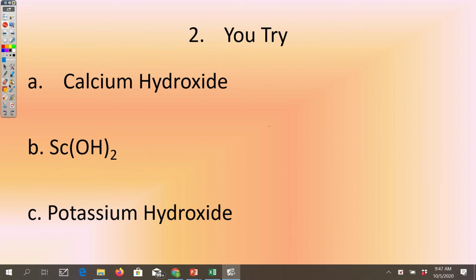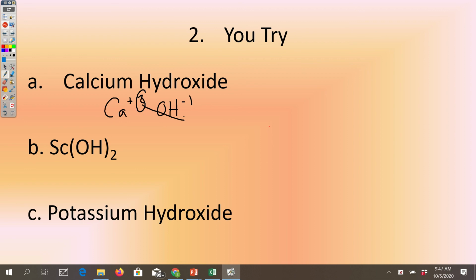All right, so calcium hydroxide. What's step 1 of trying to give formulas? I need my calcium, my Ca. What's its charge? +2. What is the hydroxide symbol? OH. What's its charge? -1. What am I going to do with those?